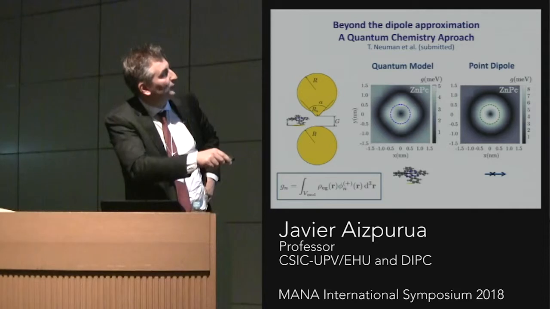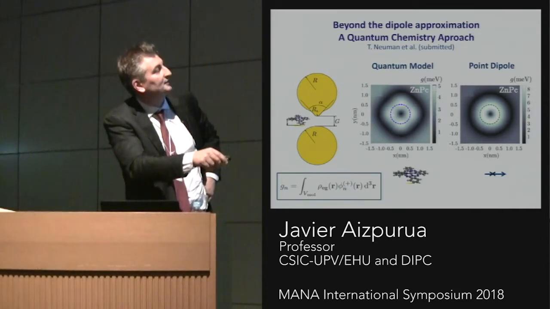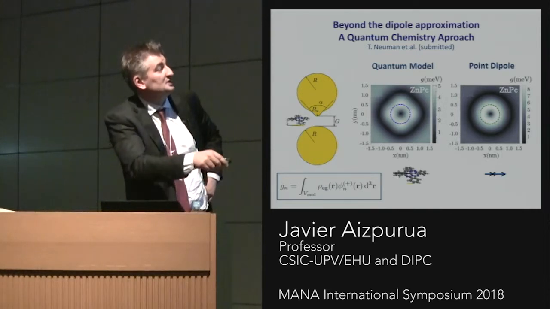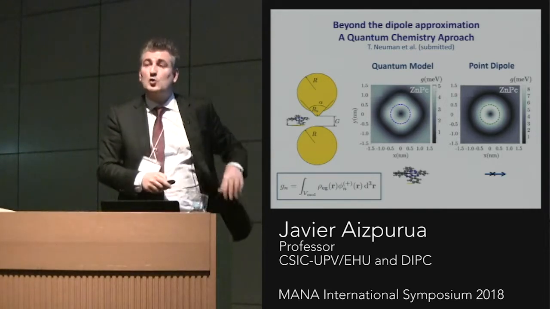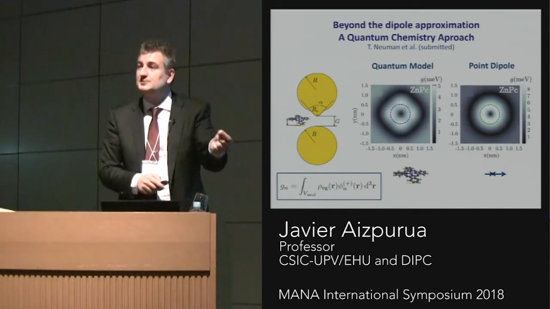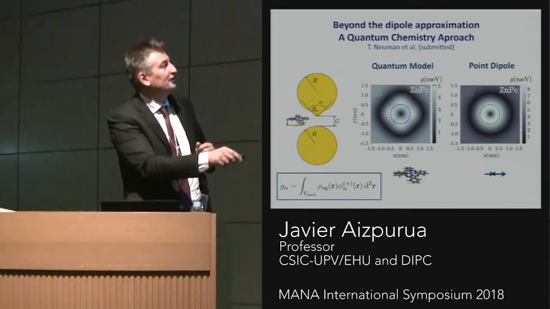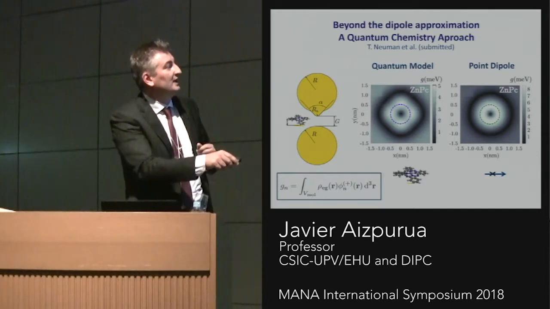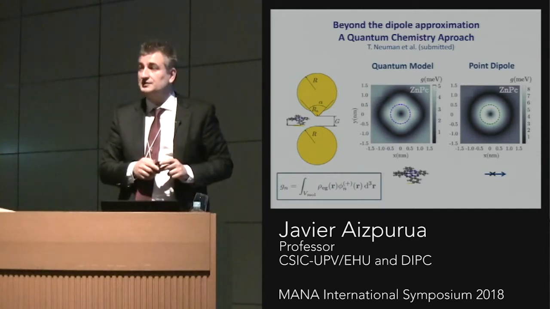Here we have a four-fold symmetry that follows the four-fold symmetry of the molecule, and here we have a completely cylindrical symmetry, which is artificial. So considering the quantum chemistry at all levels in the inhomogeneous plasmonic cavity is key to address the value quantitatively and the symmetries of these kinds of interactions.